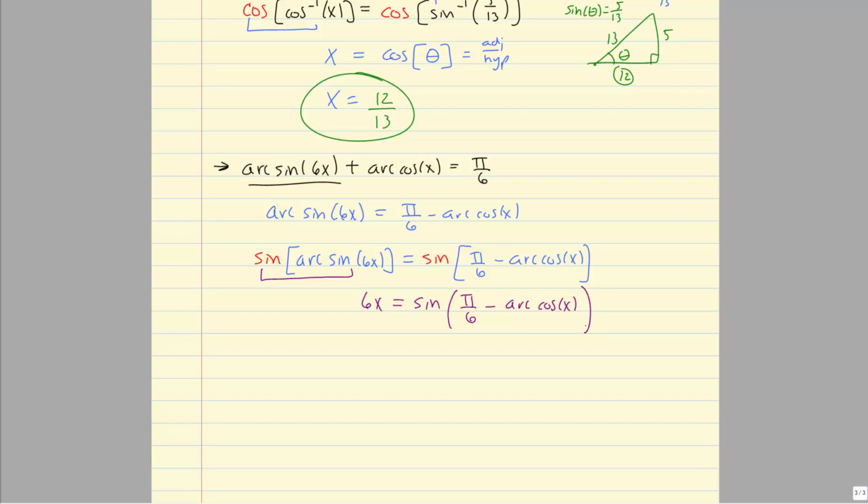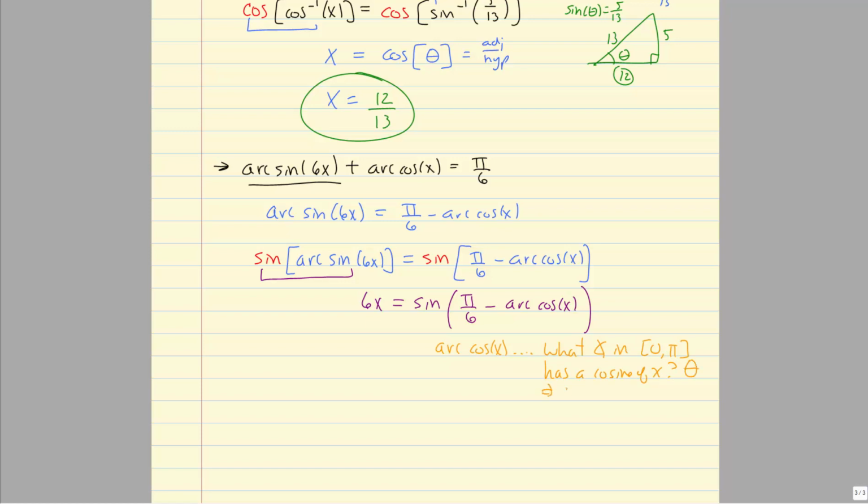Okay, now let's think about this. Arc cosine of x, what does that mean? This means what angle in the interval from 0 to pi has a cosine of x, and I don't know what that is, so I'm going to call it theta.